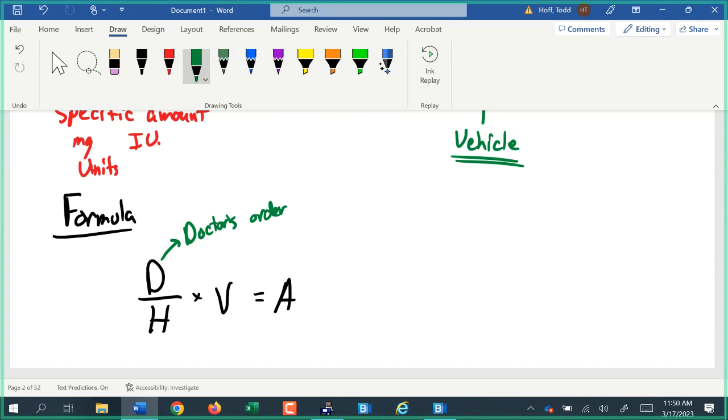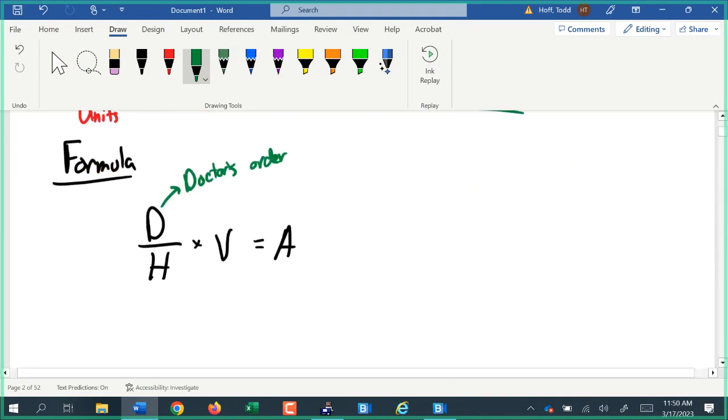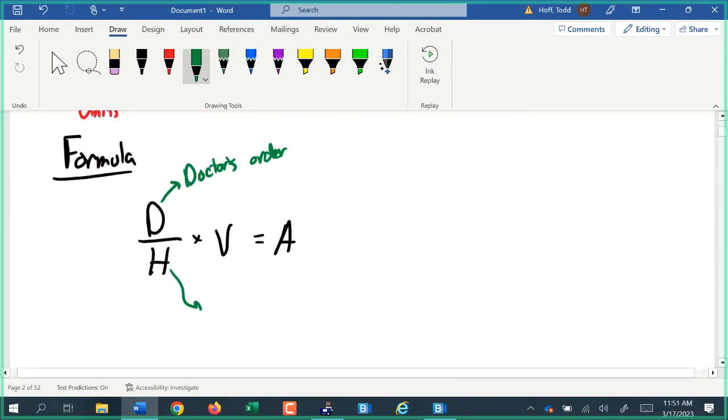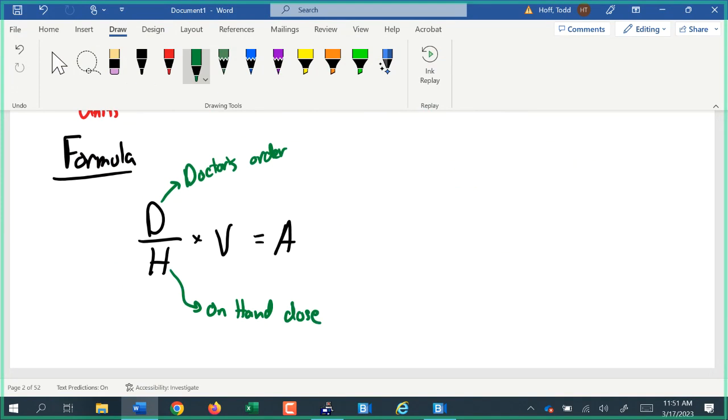And again, that'll be that specific amount, whether it's milligrams or international units or whatever, that the patient needs to receive of that medication. H here is the on-hand dose. So that again is what's at the nurse's station or in the medicine cabinet.